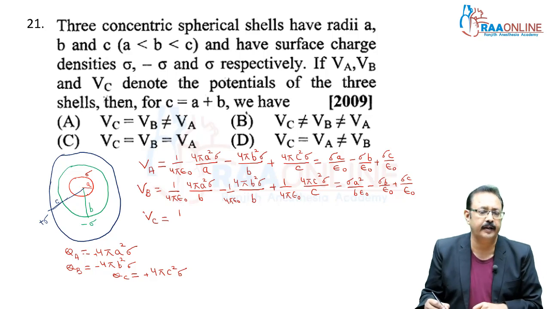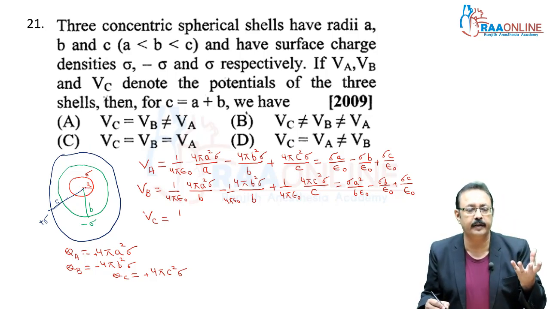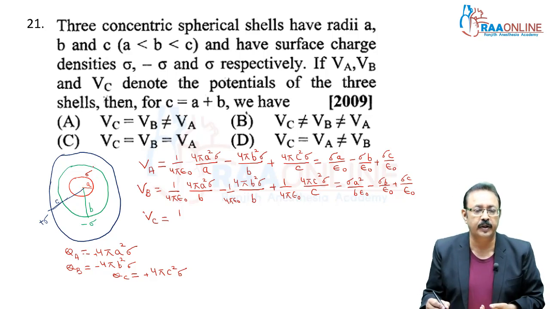Due to charge A, when we are talking about C, the whole charge will go on the surface of the outer sphere, meaning C. So its distance from the center is c. Charge is 1 upon 4πε₀. Charge on A was 4πa²σ. Its distance from the center is c.